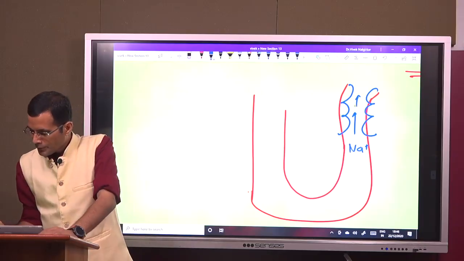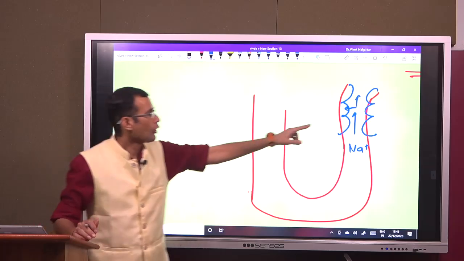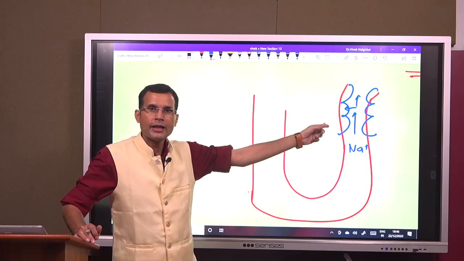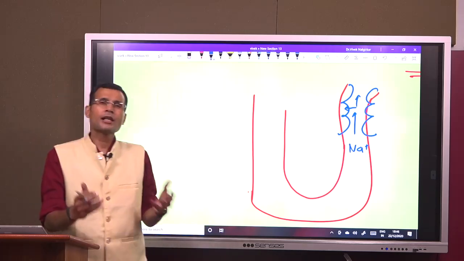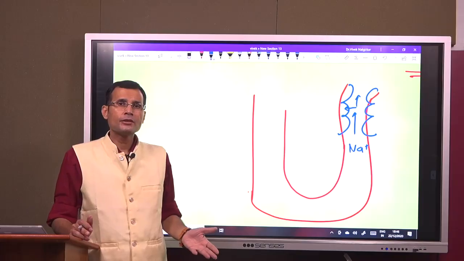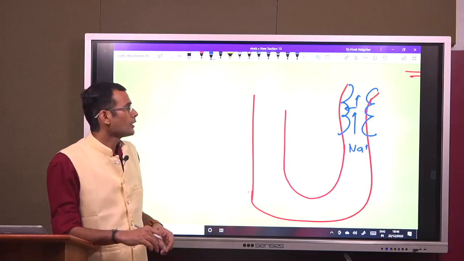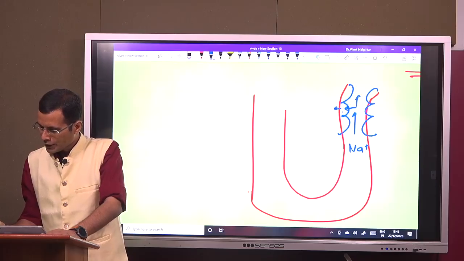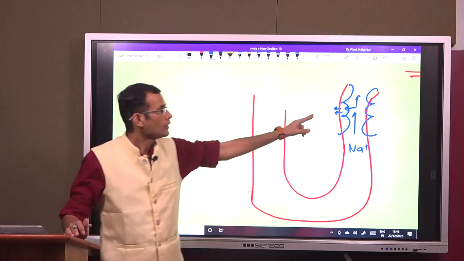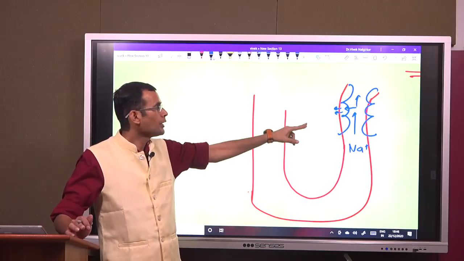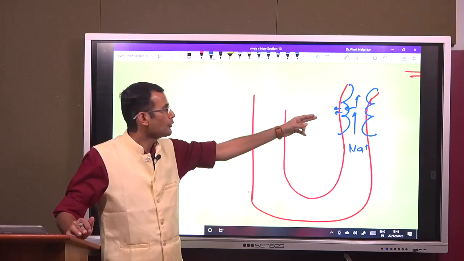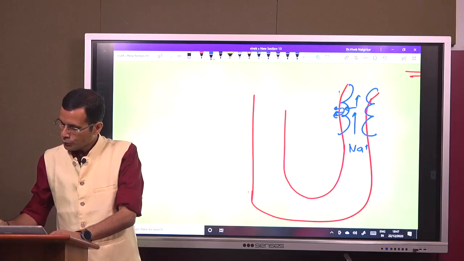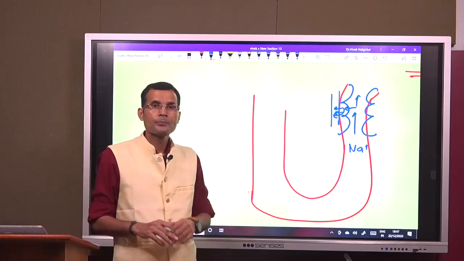This sodium has to first enter, from the lumen of the tubule, the cell lining the tubule. There are transporters NKCC or NCC, and then on the basolateral membrane there is the sodium potassium pump, right? The sodium potassium pump will then take the sodium from inside the cell, and finally sodium gets reabsorbed into the blood.